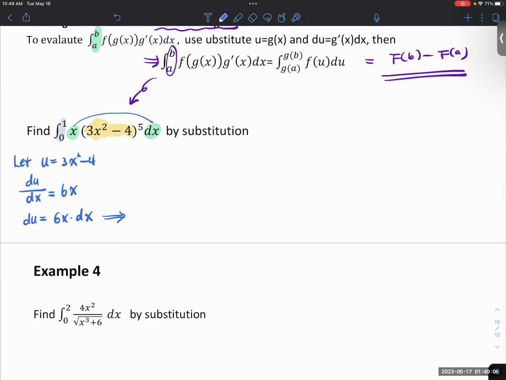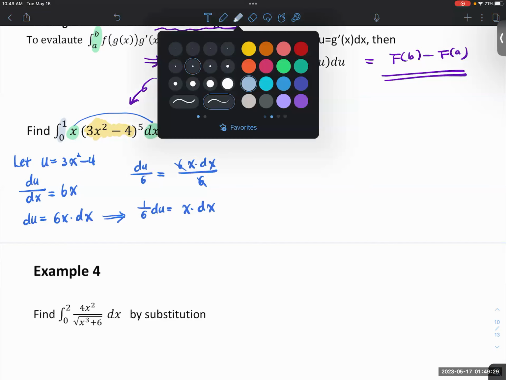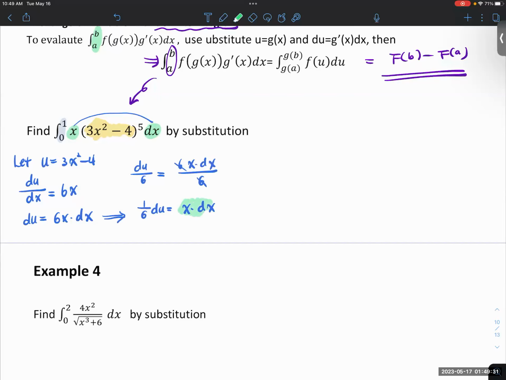So this is going to be 1 over 6 du, or you just divide it: du over 6, 6x dx divided by 6. Therefore 1 over 6 du equals x times dx. So we got x times dx, that is 1 over 6 du in terms of the u variable.